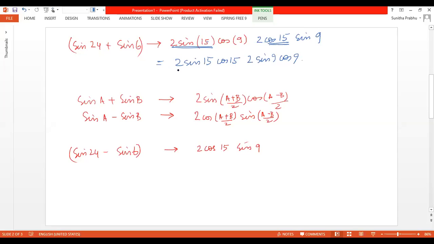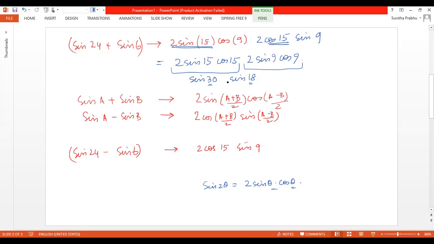Then this is in the form of sine 2 theta, because sine 2 theta is 2 sine theta cos theta. Because this is theta theta, this is sine 30, and sine 9 cos 9 is sine 18. Sine 18 we know the value, sine 30 we know the value, we simply put it there. Are we good now? Yes, sir.